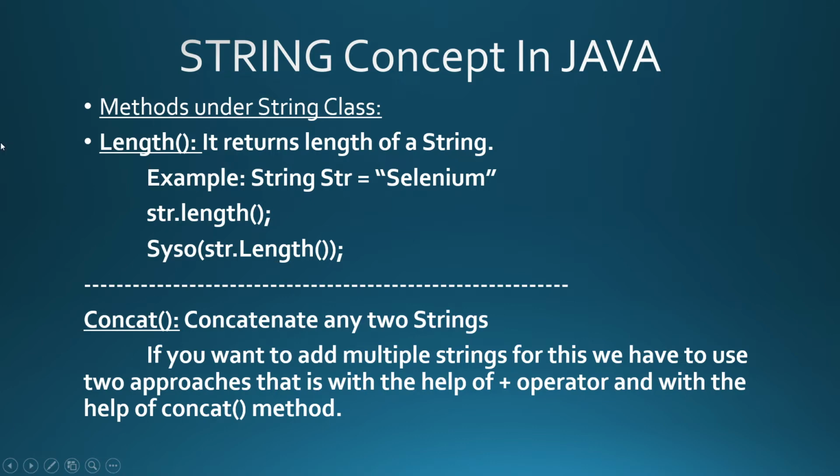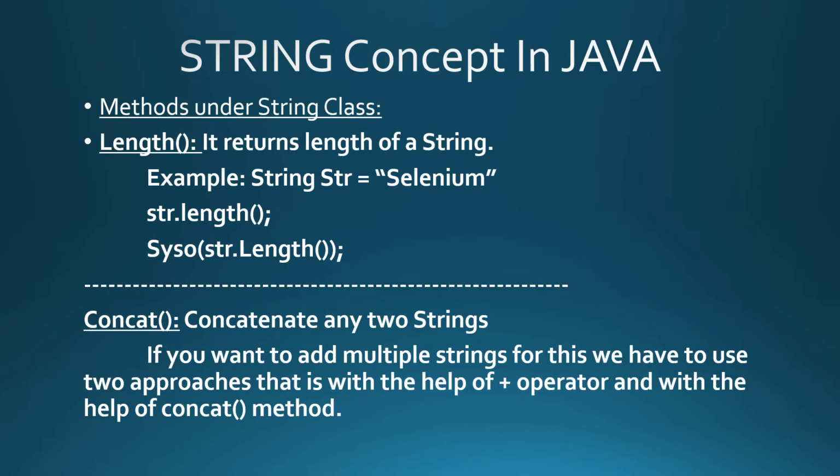Okay, so the next method here is, if I want to concatenate two strings, for example selenium and automation, there are two strings. I want to combine these two at a time, so there is a method called the concatenate method. With the help of this concatenate method, we can easily combine two strings, that is selenium and automation. The overall output will be selenium automation. If you want to add multiple strings, we have two approaches.